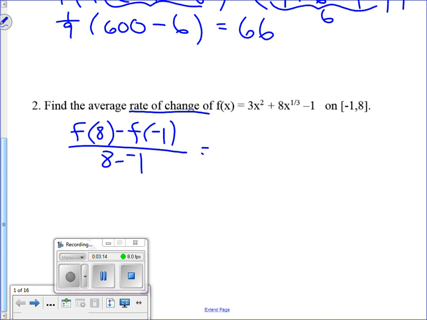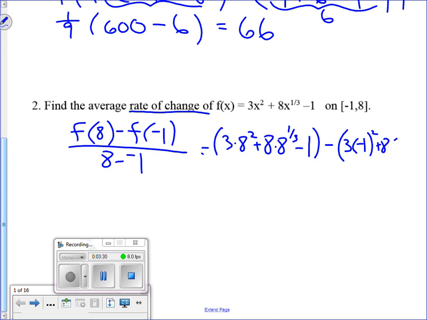So that would be 3 times 8 squared plus 8 times 8 to the 1/3 minus 1. Then we'll have to plug the -1 in to get f of -1. So 3 times -1 squared plus 8 times -1 to the 1/3 minus 1. And then we'll have to divide everything by 9.